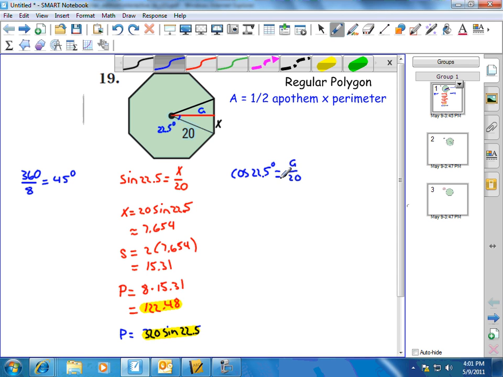So I'm going to get A by itself by multiplying both sides by 20. And I end up with 20 cosine 22.5 is equal to A. So A is approximately 18.478.